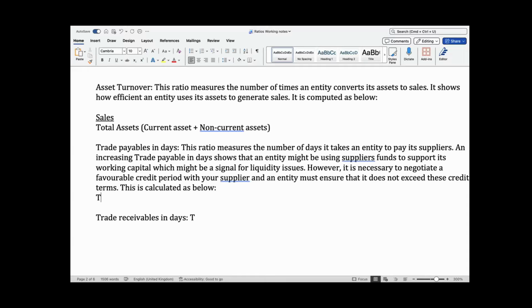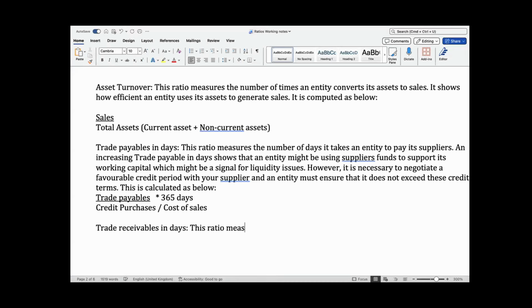And this is calculated as below. So we usually calculate it as trade payables over, you can either use credit purchases, but I bet you won't find it in the question. So just use your cost of sales straight on, multiplied by 365 days. If you don't multiply by 365 days, your ratio will be wrong.